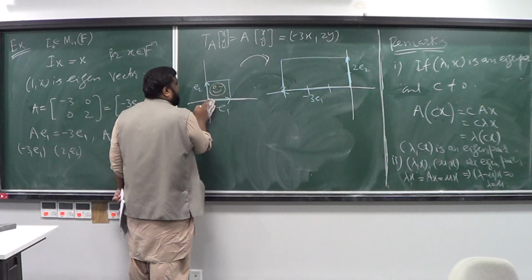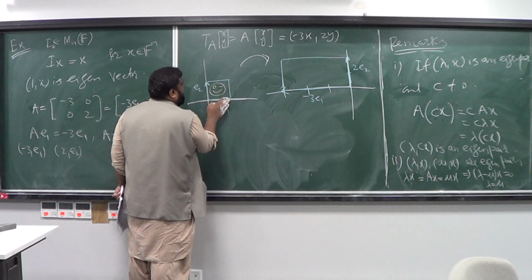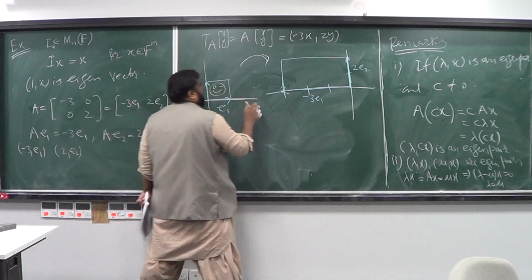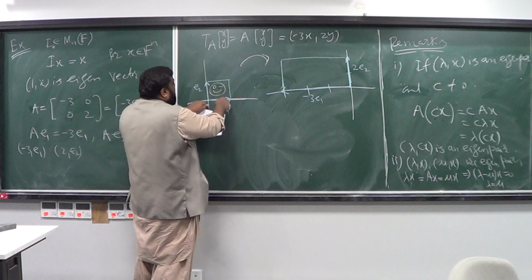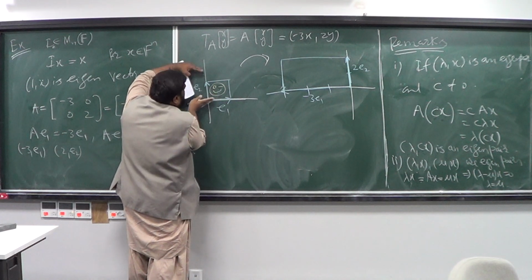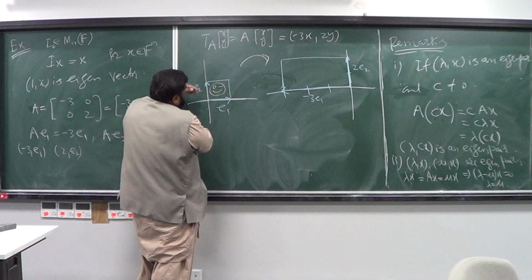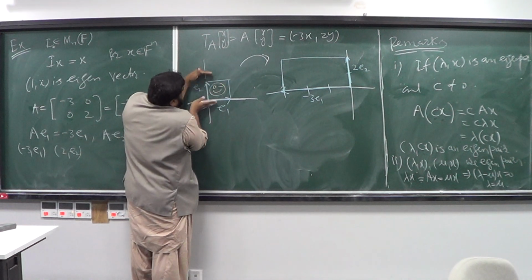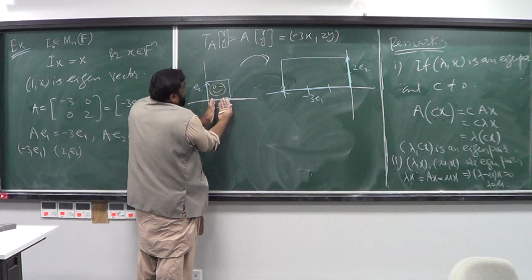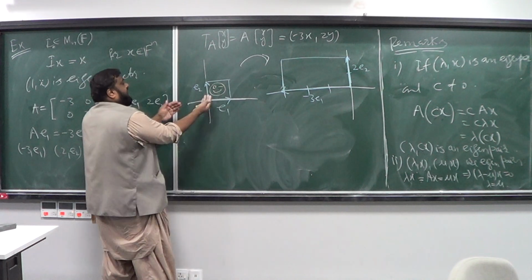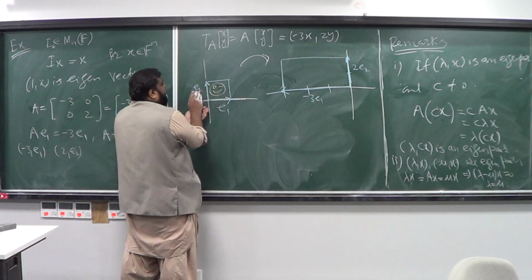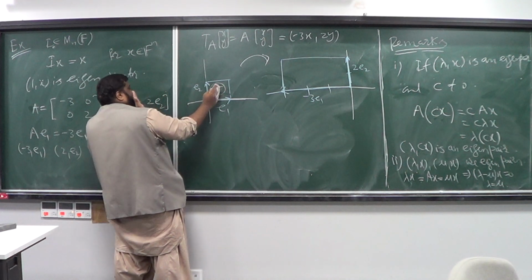Since E1 is flipped, this would be flipped, and E1 is stretched. The height is going to double, and since E1 has been tripled and inverted, this picture will be inverted and then tripled and stretched.